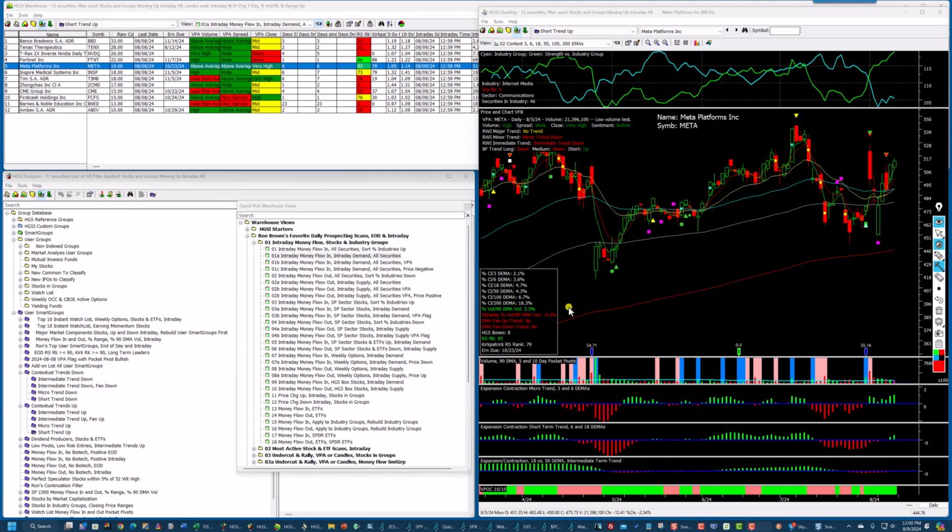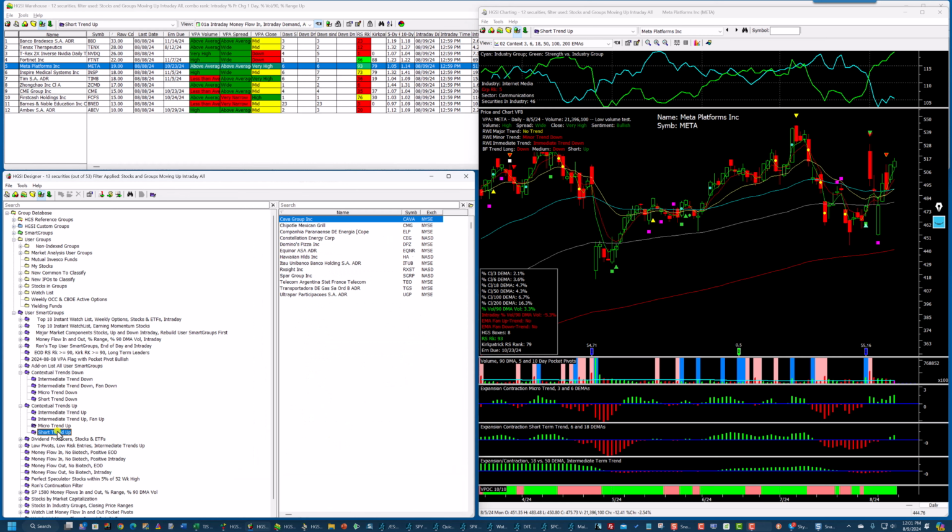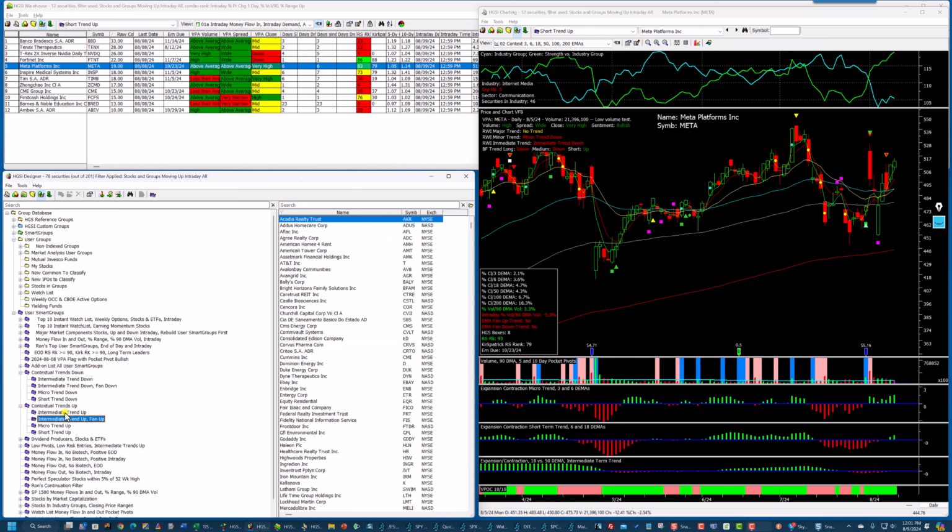Is the fan up or down? No, neither one. It's just mixed. Now remember, these are all from last night, the end of the day. But that's fine, because my thinking behind this is it segregates these stocks according to their trends.